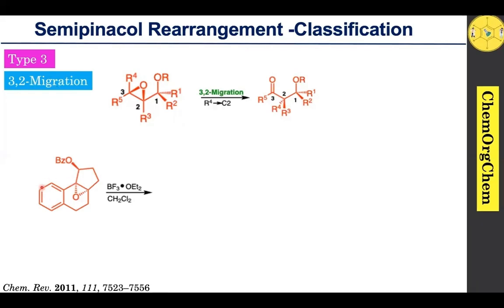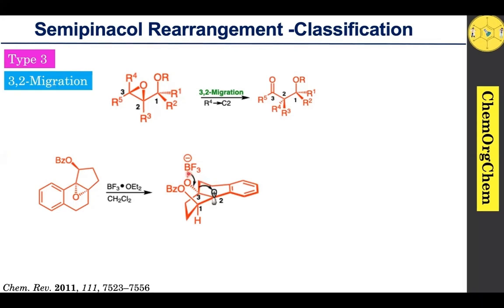that particular carbocation. For better visualization, we can draw it like this. Now you see this CH2 group from the third carbon is exactly arranged in the perfect anti-periplanar arrangement.